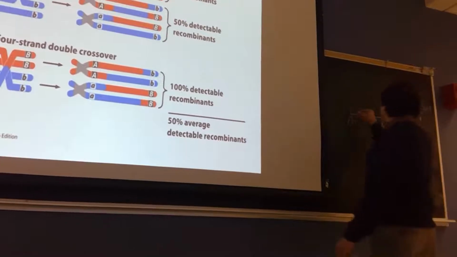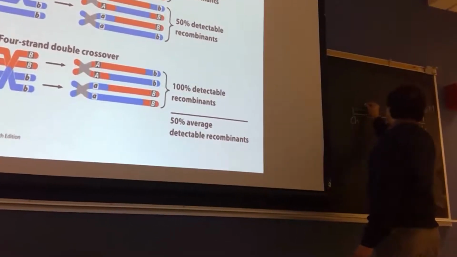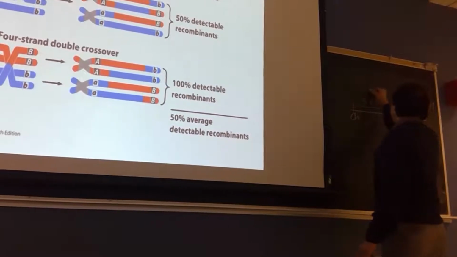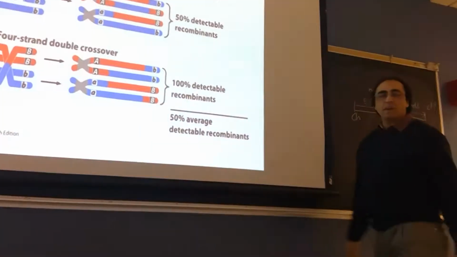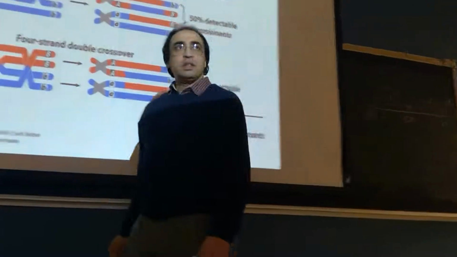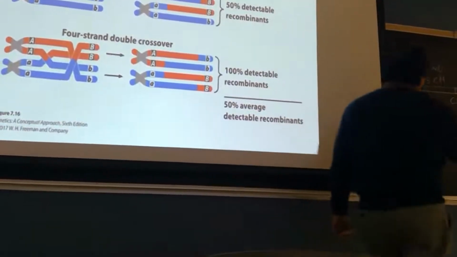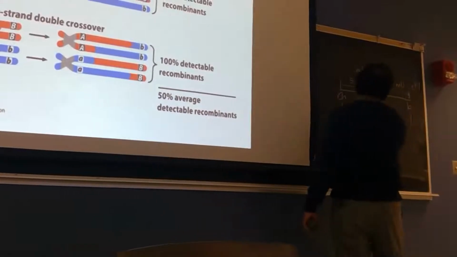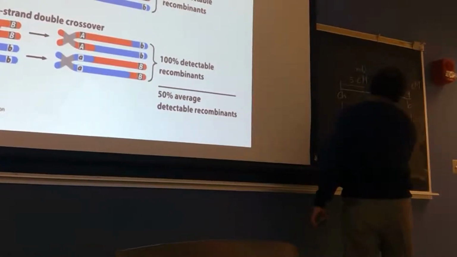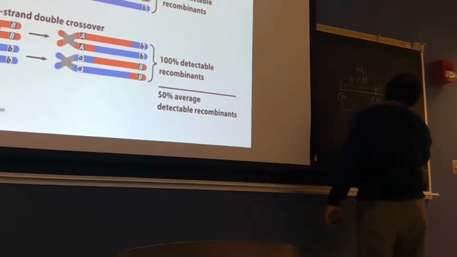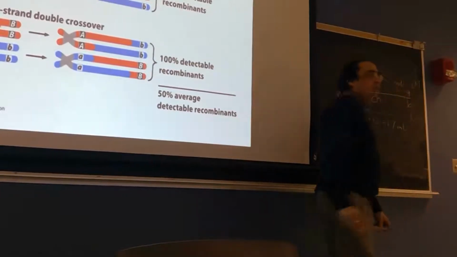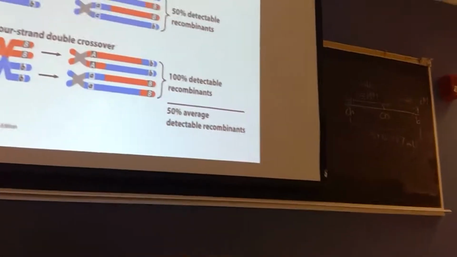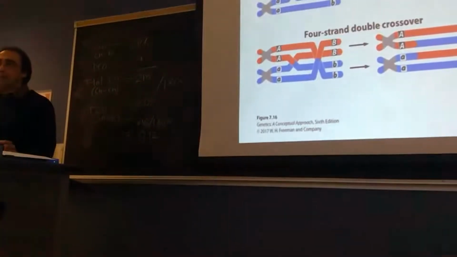And distance between these two is 5 centimorgan or 5 map units. This is called map unit or centimorgan. And the distance between these two genes is 5 plus 12, 17 map units. Okay? So in this way, we can construct the genetic map.